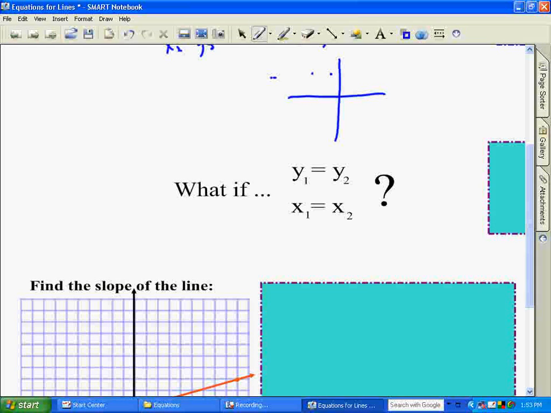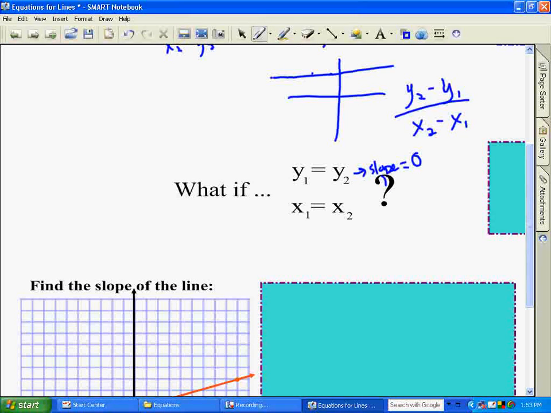So the line through them would look like that. It should be horizontal. And that would have a slope of 0, which is okay. Because remember, y2 minus y1 over x2 minus x1. y2 minus y1 would then be 0 because those are the same value. And it would be 0 over something, which is just 0. That's fine. So slope would be 0.